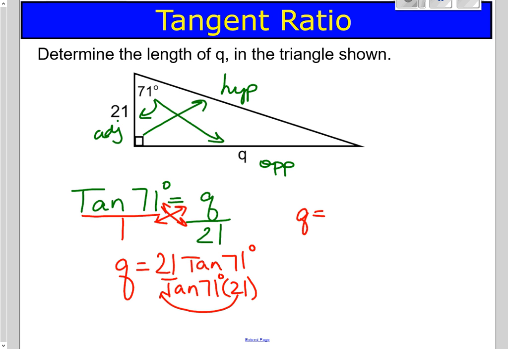And when you do that, you get approximately 61. Oops, not degrees, 61 units, whatever this is measured in. So the length of Q is 61 centimeters or meters or whatever we're talking about. Good.